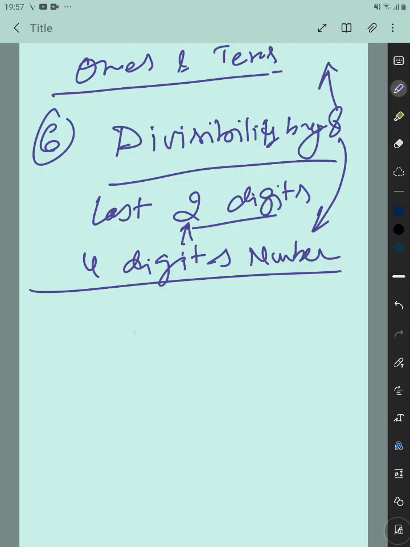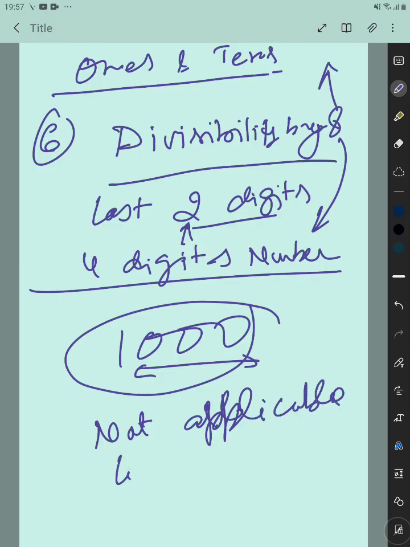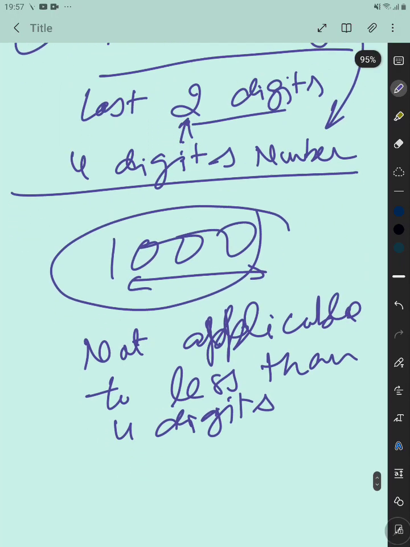For example, take 1000. If the last three digits are divisible by 8, then the complete number will be divisible by 8. This rule is not applicable to numbers with less than four digits. We need to keep this in mind.